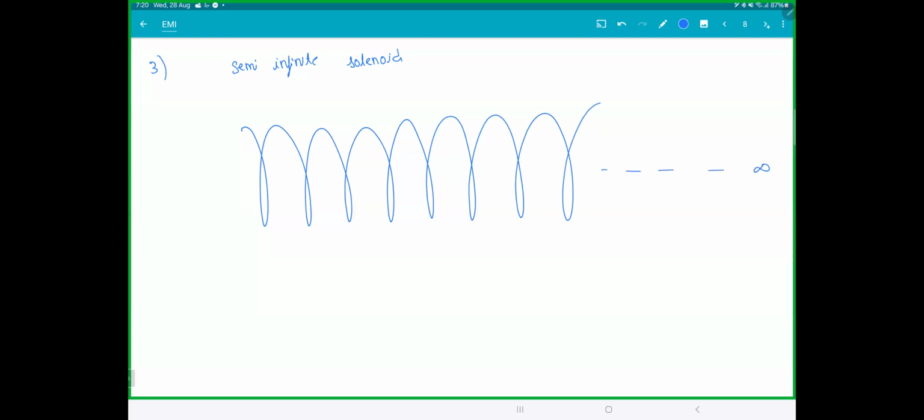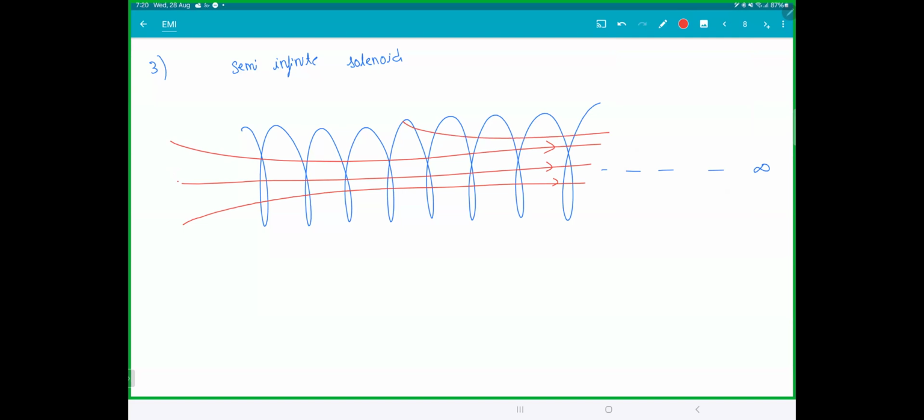Infinity. Now, when you look at the field lines here, these are the field lines from the outside, right? This is the last field line which is entering, the green one.